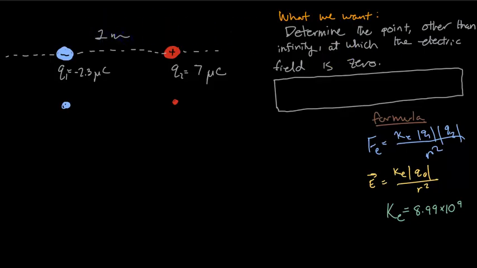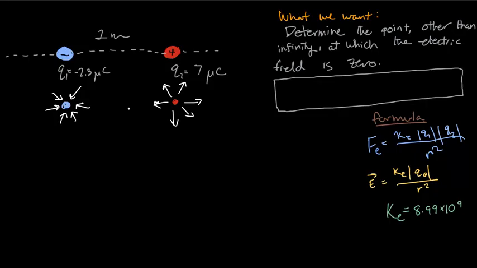And for our own information, we do know that the electric field does go out for positive, and it does go in for negative particles, and we want to find where the electric field is 0.